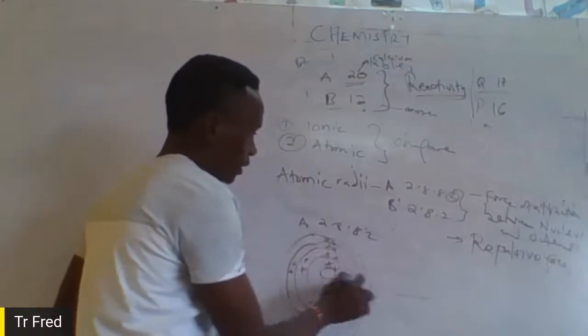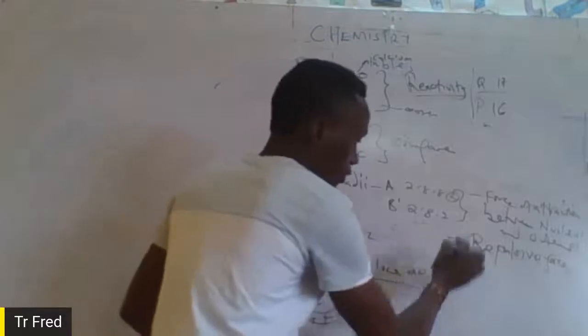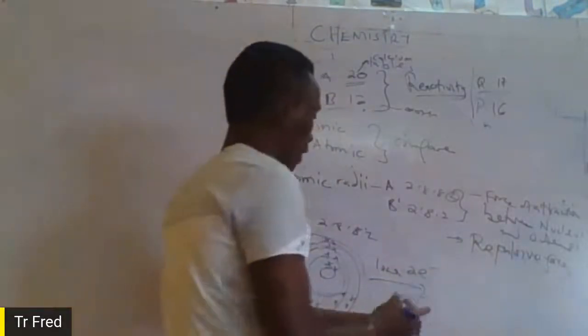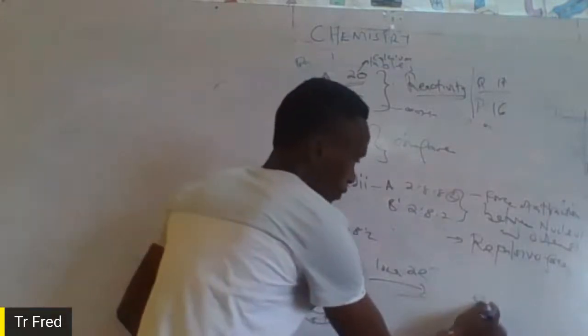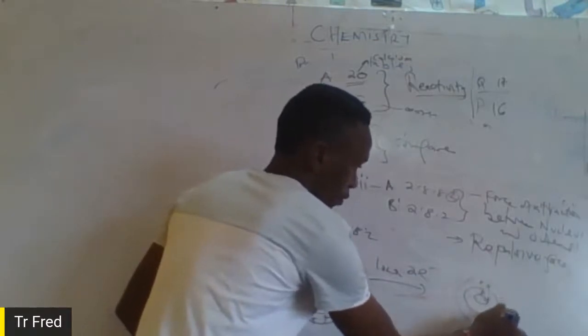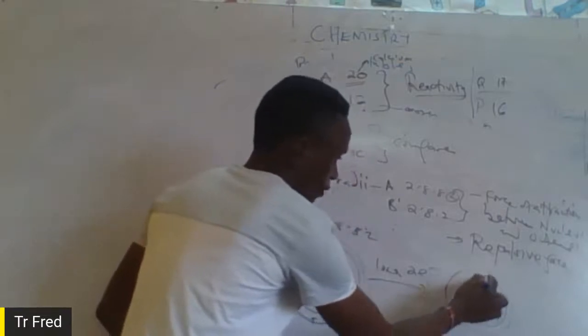Remember, when it forms an ion by losing 2 electrons, it forms an ion which is one energy level less, because it has lost the outermost electrons.